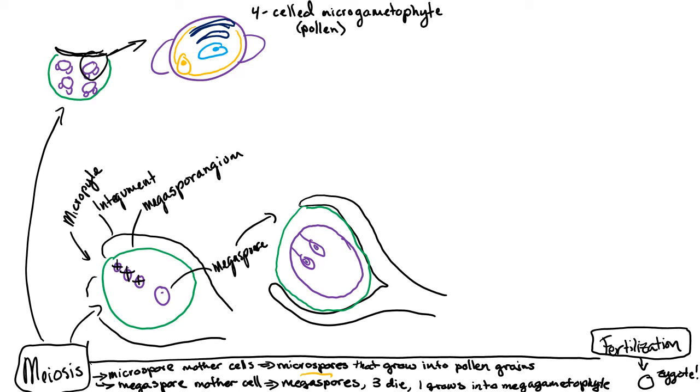Usually, sometimes there's more than 2, sometimes there's only 1. So we have 2 archegonia, each with 1 egg. And all of that would have been produced by mitosis. And it's happening still on that sporophyte. So this is all attached to our sporophyte. Our pollen grains get released.